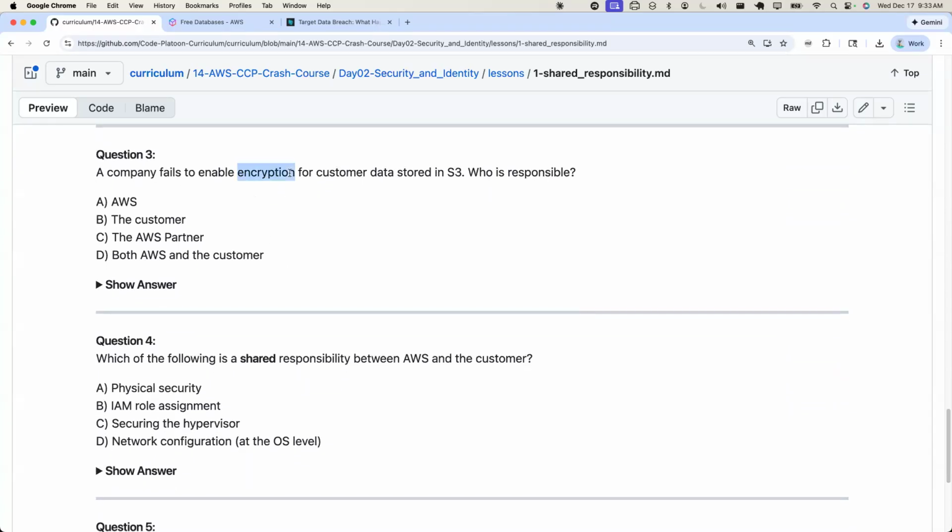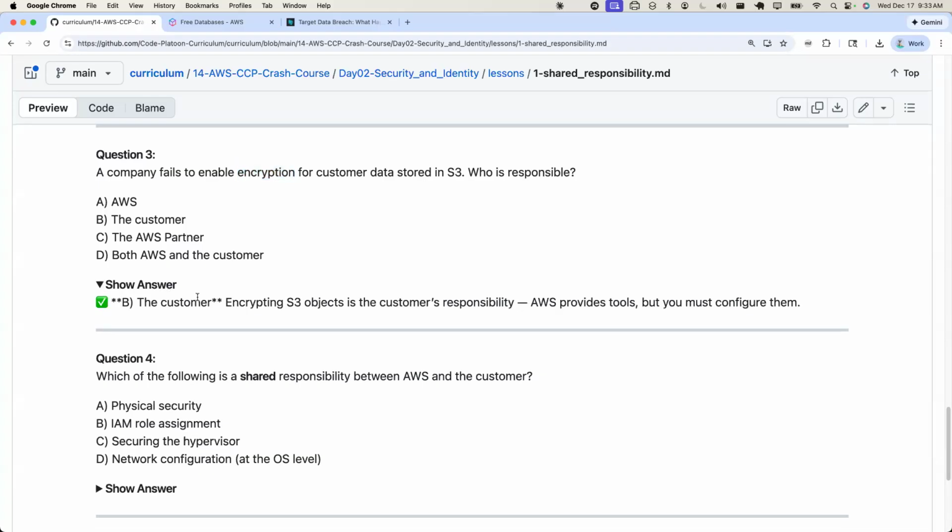So a company fails to handle encryption for customer data stored in an S3. Who's responsible? So the customer, right? Here's a better question.